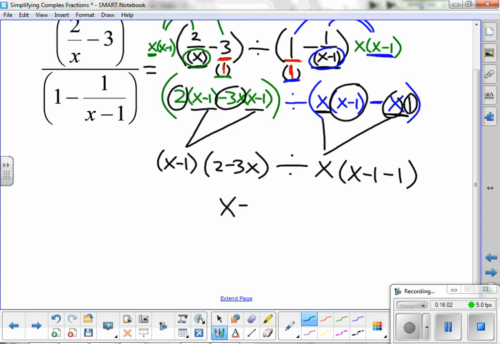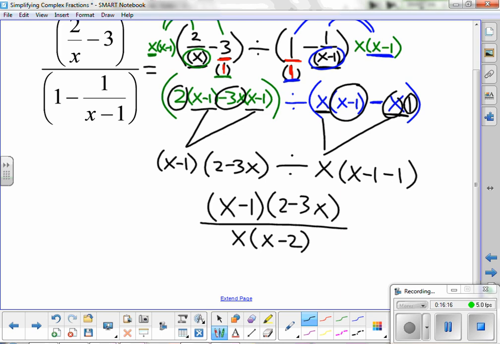So that's going to be x minus 1 times 2 minus 3x, all over x times x minus 2. And I think that's the right answer. Let me double check: 2x minus 2 minus 3x. Yeah, that's right. I thought I messed up because nothing canceled, but I was wrong. There you go. That's your answer right there.